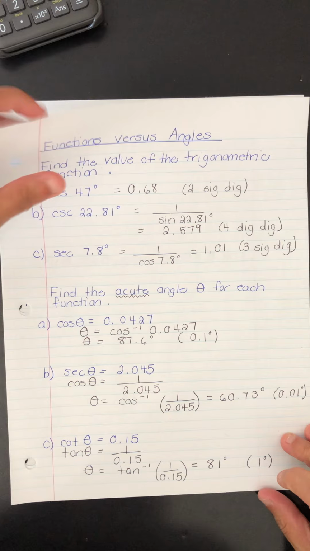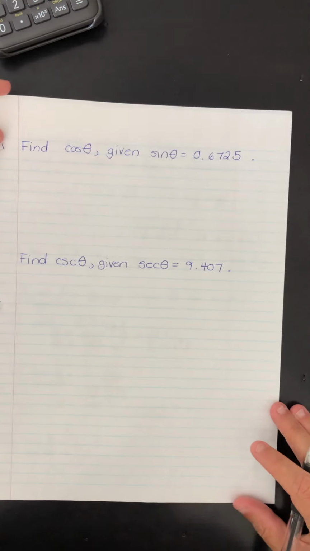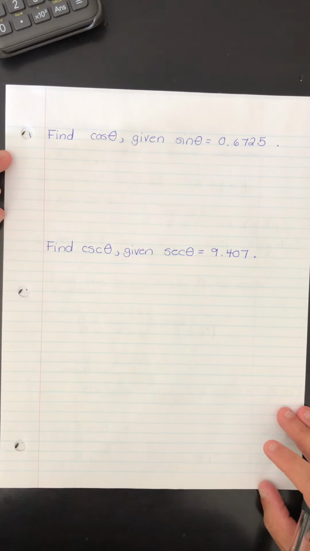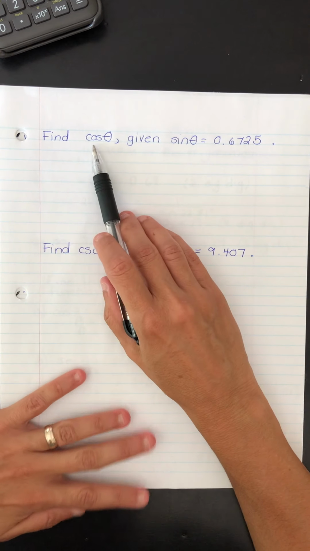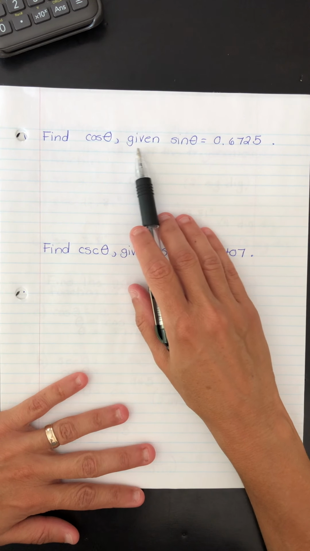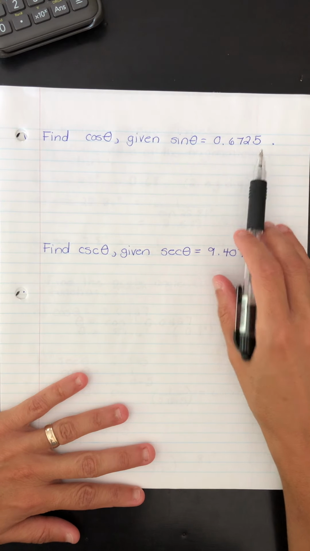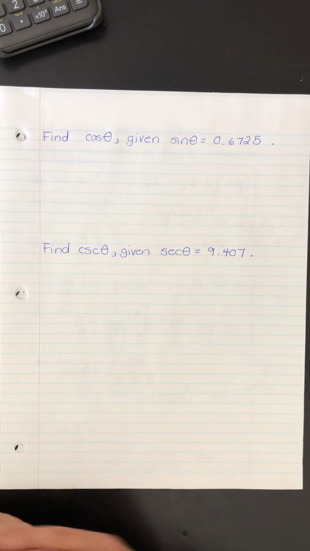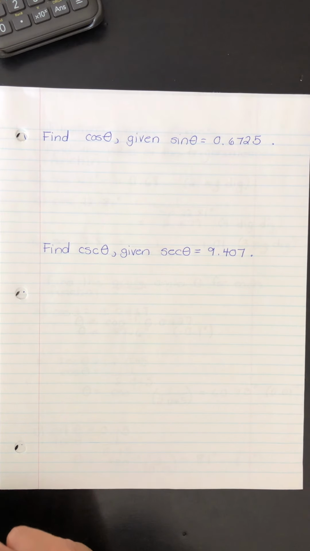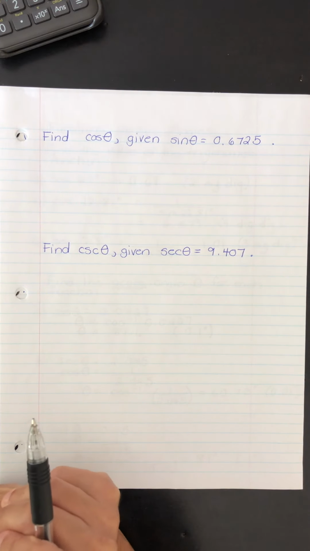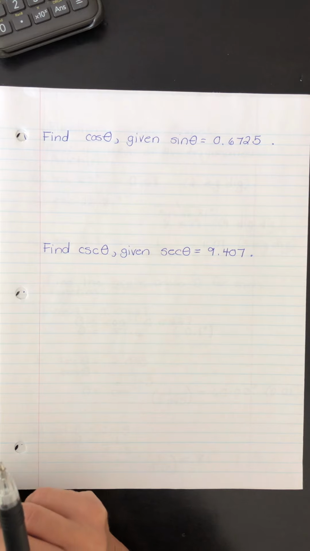Let's consider a couple other problems. Look at this question. It says, find the cosine of the angle given that its sine is 0.6725. So we can solve this problem if we begin by figuring out the angle theta first.